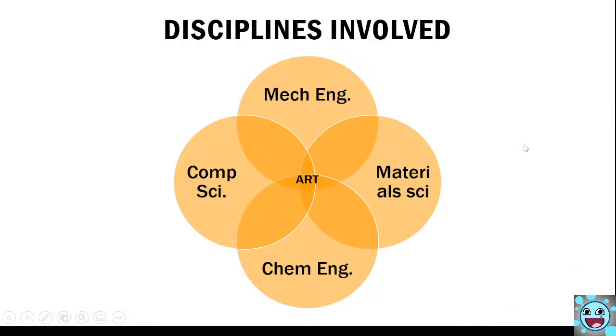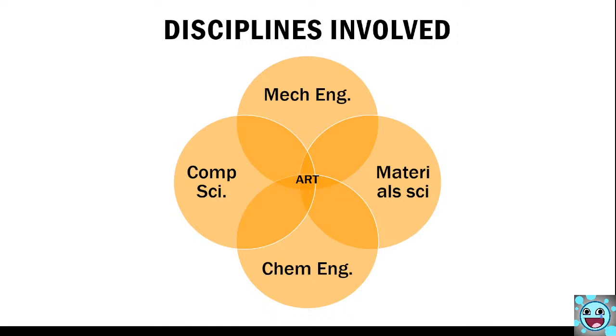What kind of disciplines are involved in 3D printing? We can see here there are mechanical engineering, and then material science, chemical engineering, and computer science. Why computer science? Because computer science is required to control how the 3D printer works.